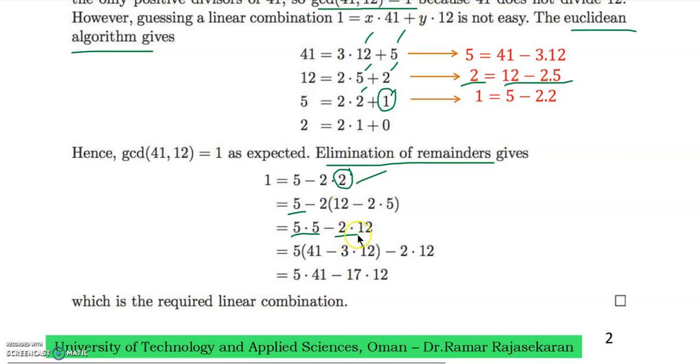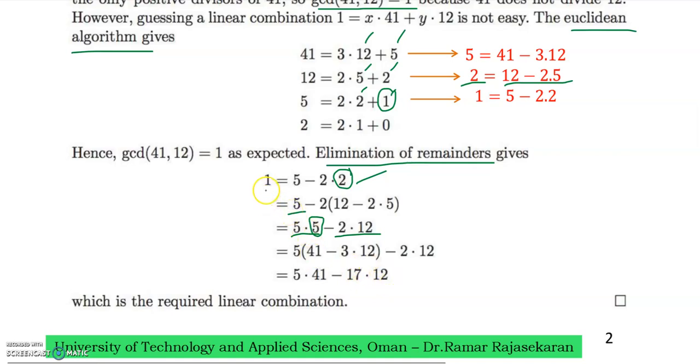Now 5 is equal to 41 minus 3 into 12, so for this 5 I can write 41 minus 3 into 12. So we get 5 multiplied by 41, minus 15 into 12, and minus 2 into 12, so minus 17 multiplied by 12. Now what are we getting?